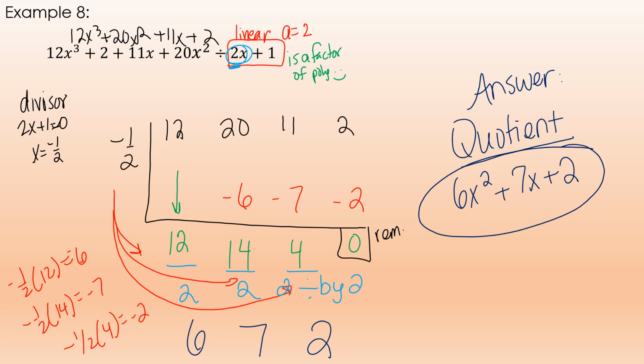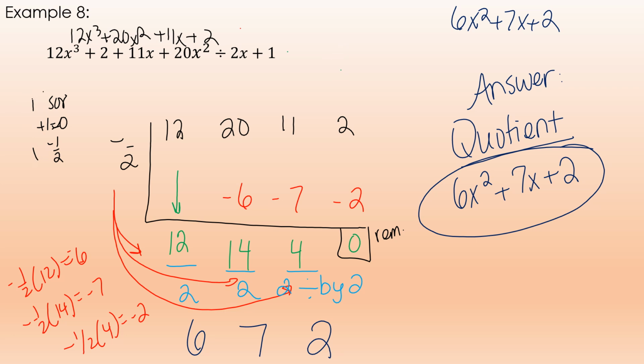All right, for the diehards, I don't want to remember that extra thing. Synthetic is crazy and weird enough as it is. So let's look to see what happens. Do we get the same answer? Let me go ahead and write that up here. 6x squared plus 7x plus 2. Provided that I don't make any mistakes, if we go through and do long division, we should get the exact same answer.